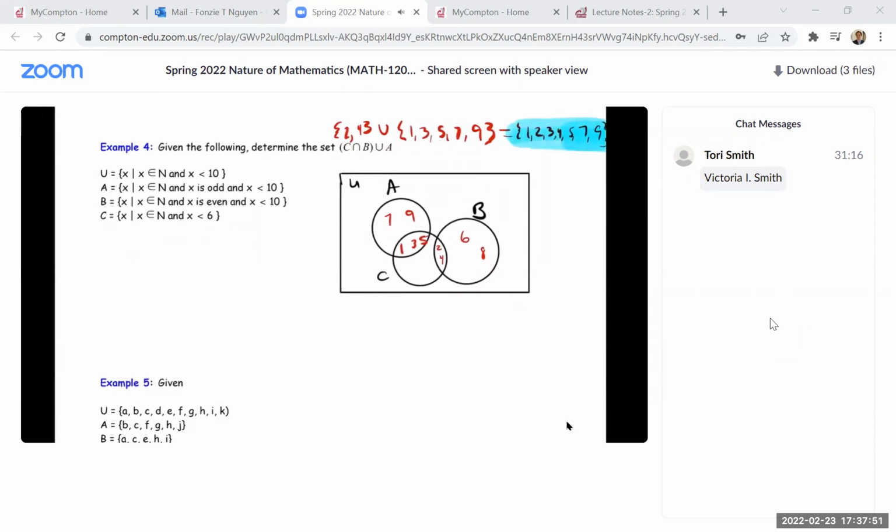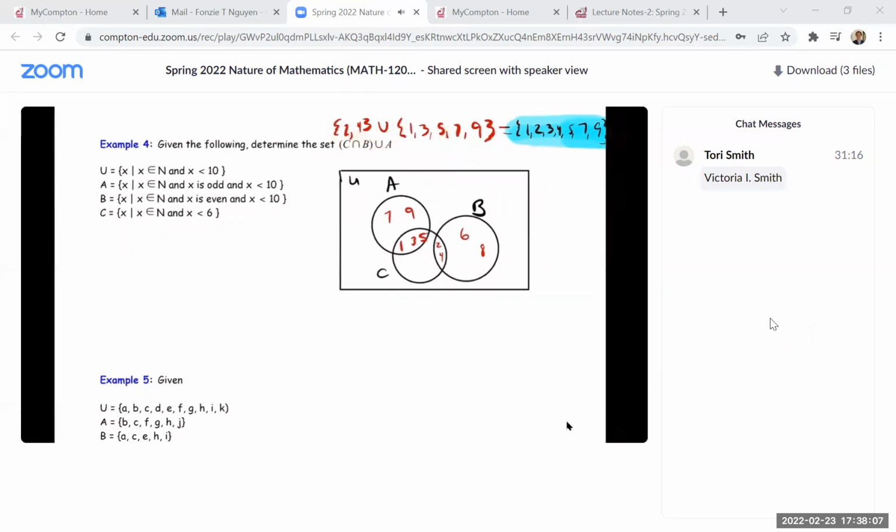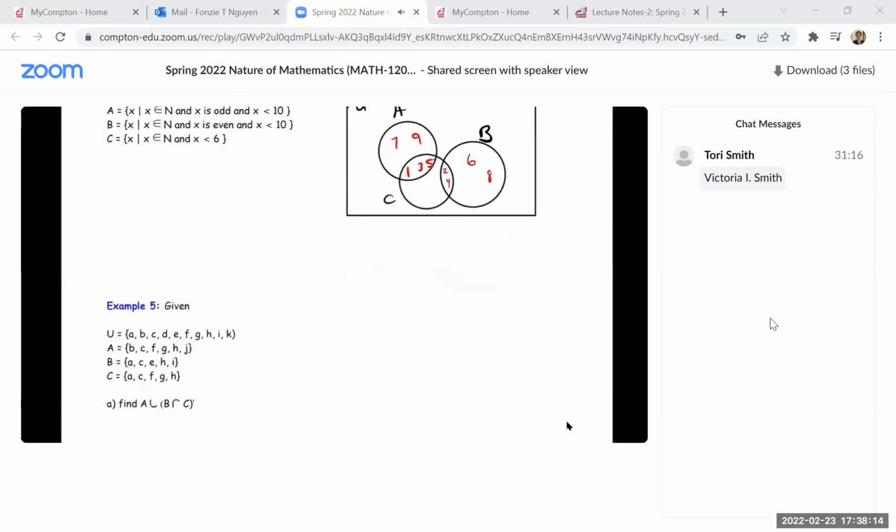We just combine these two sets together. So that's how you do this. You always have to do the parentheses part first, and then you do the union with set A, and that means combine these together. I think the hard part was probably drawing the picture, and once you have the picture, hopefully it's not as bad to do the second part.